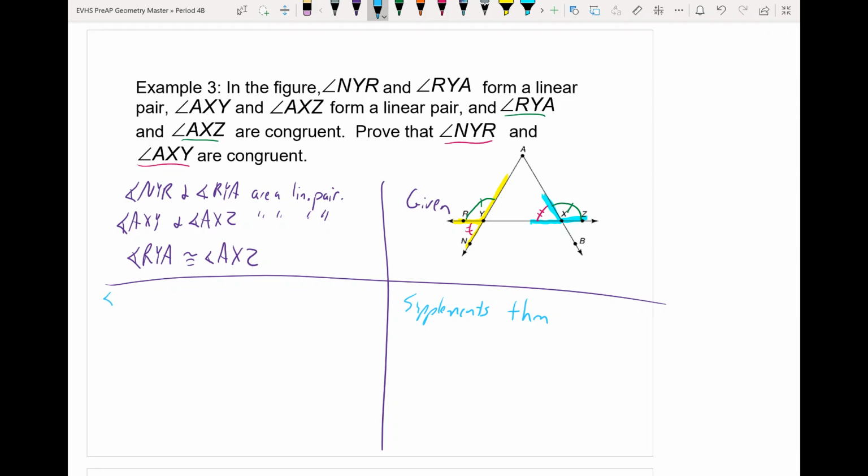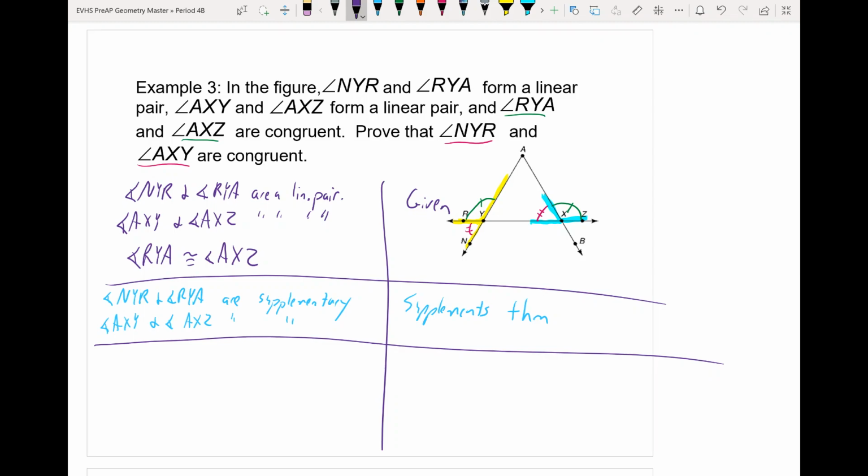So I know that angle NYR and angle RYA are supplementary. I also know by the exact same logic that AXY and AXZ are supplementary because they're a linear pair. Also using the supplements theorem, angle AXY and angle AXZ are supplementary.